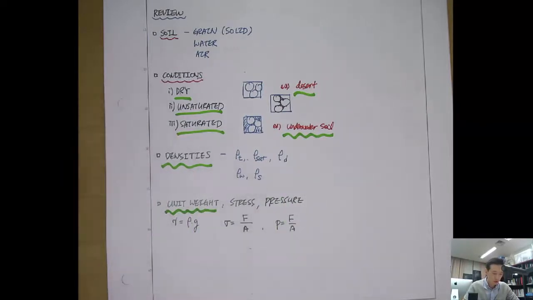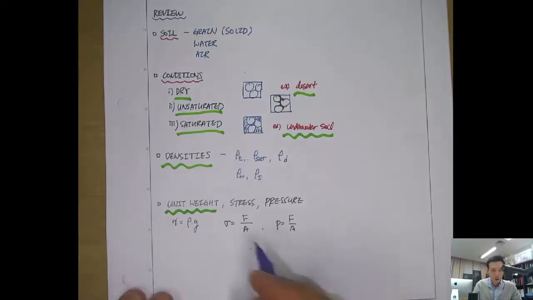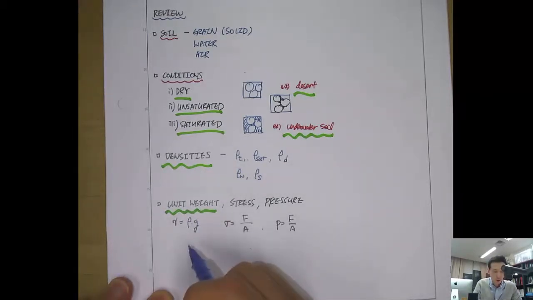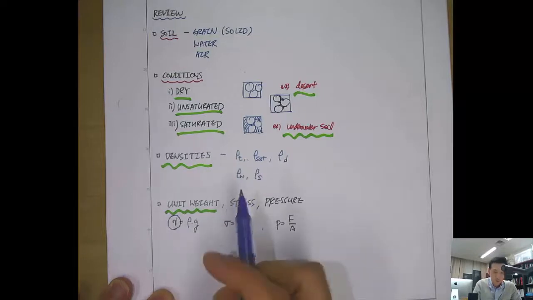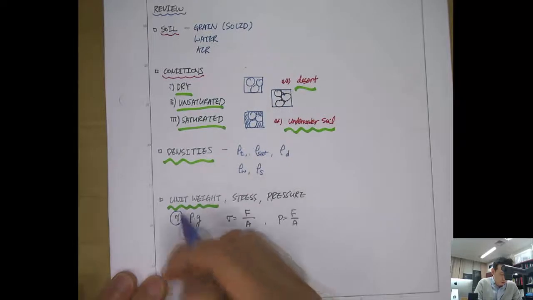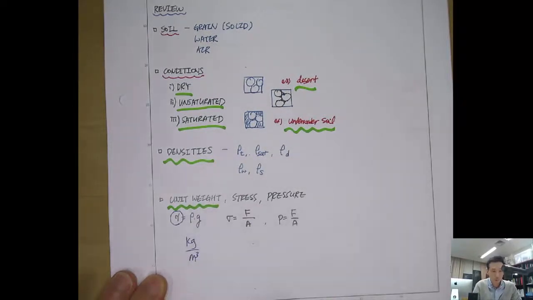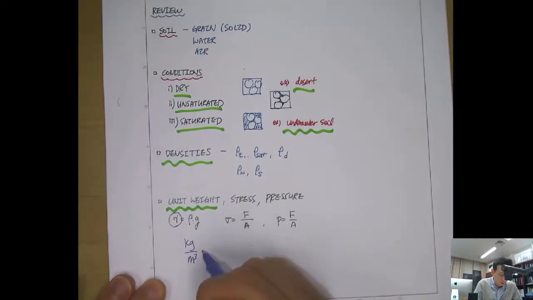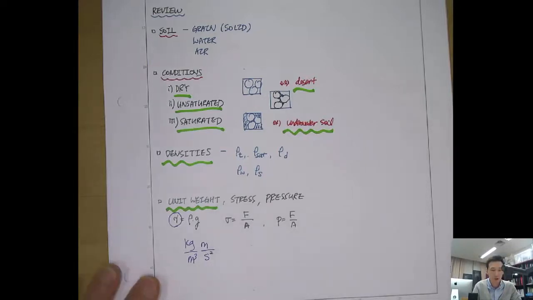So what is the definition of the unit weight? Unit weight is the weight per unit volume. We use gamma to denote the unit weight. And gamma is defined as the density times the gravitational acceleration, rho g. So if rho has the unit of kilogram per cubic meter, then g has meter per second squared, the gravitational acceleration.